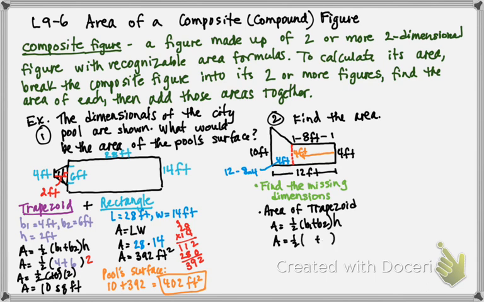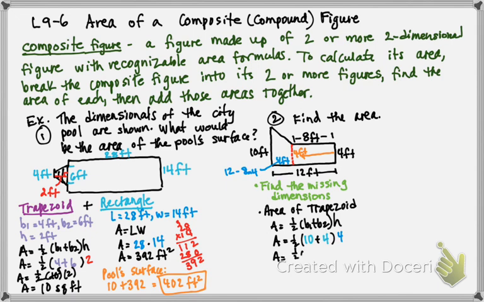And the two bases are the 10 and the 4. And the height is that, so the 4 that's vertical next to the red line, that's a base. And then the height, so the distance from the top base to the bottom base, because remember, we can always identify bases because they're the two sides that are parallel to each other. Okay, simplify and solve.